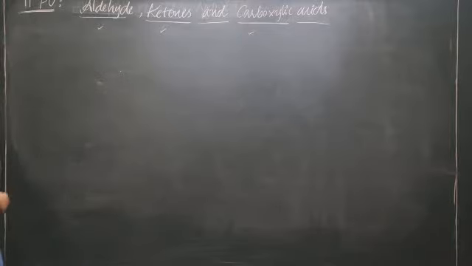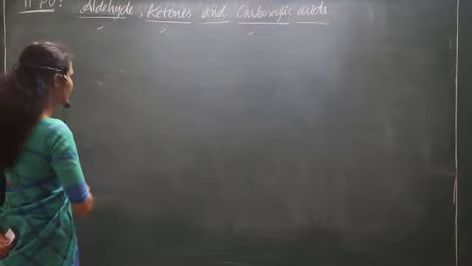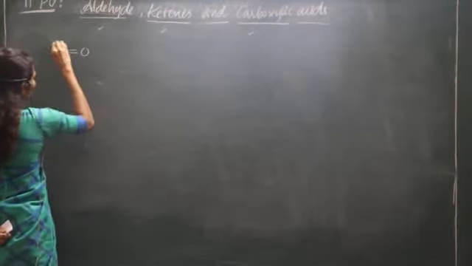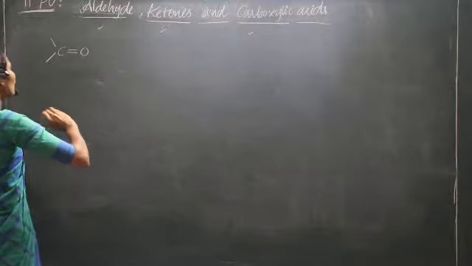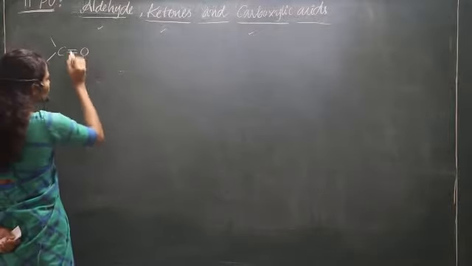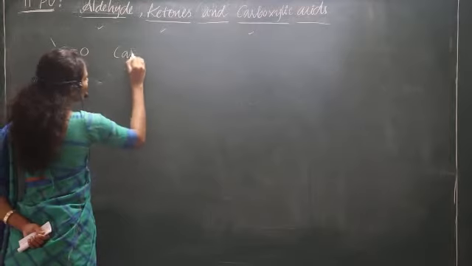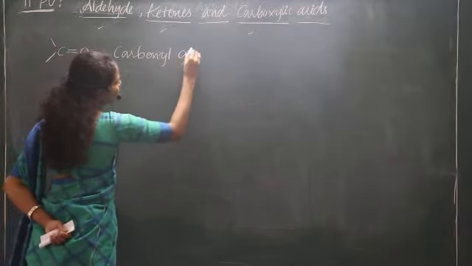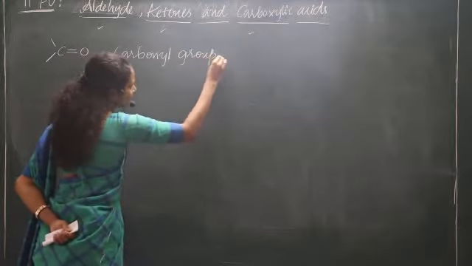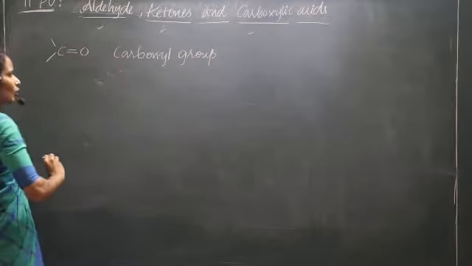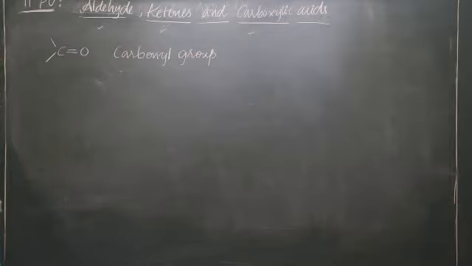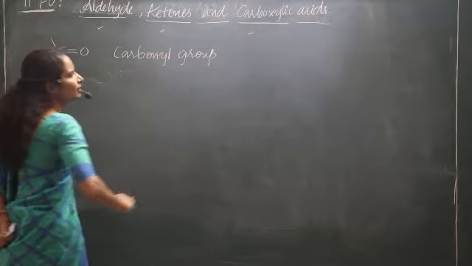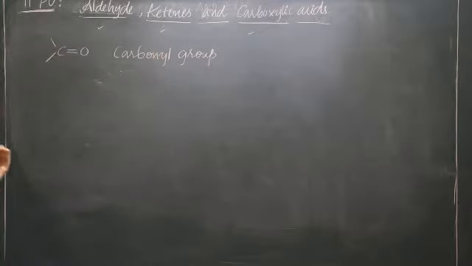These contain a carbon oxygen double bond, and this functional group is called the carbonyl group. So in this lesson we are going to learn about carbonyl compounds, carbonyl functional group containing compounds. Let us see one by one.